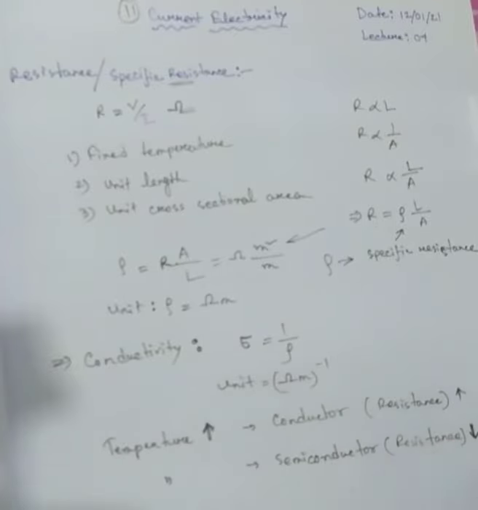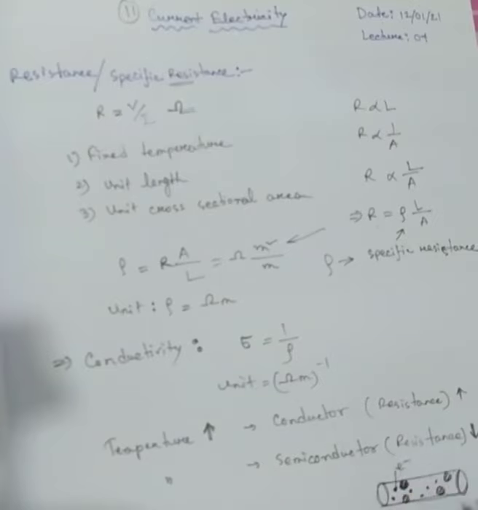If we know the property of a conductor, we know that a conductor consists of so many free electrons. The conductor is a material consisting of many atoms. These blue shaded dots represent the atoms, and the tiny dots we are assuming as electrons.